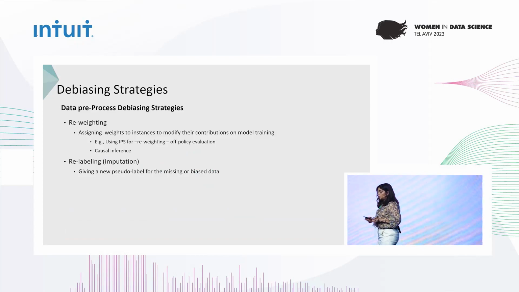There are three basic debiasing strategies. One is at the pre-processing of the data, like reweighting or relabeling, for example by assigning weights to instances that modify their contribution.